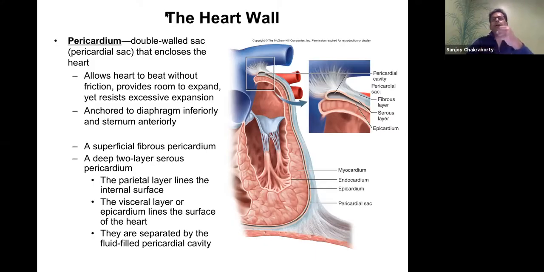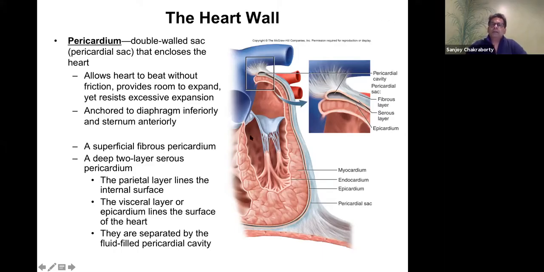When it is covering them, this is how it looks. It looks like the outer wall of the heart and the inner side of the pericardium together. So some books use the word epicardium for the outer layer, which is nothing but the visceral layer of the pericardium. You can use them interchangeably.